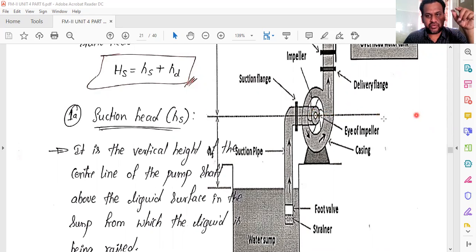Once the shaft rotates, the impeller, which is mounted on the shaft, also starts rotating.